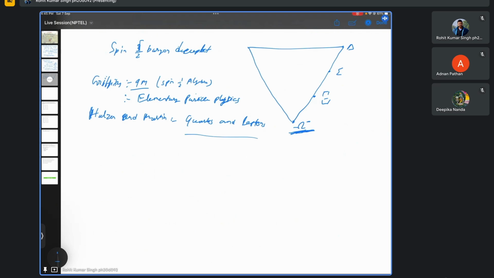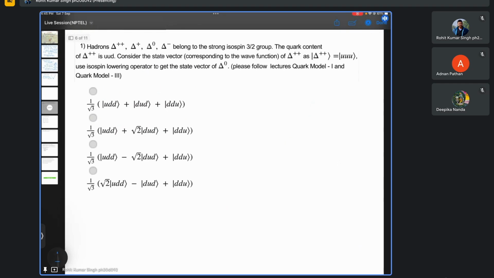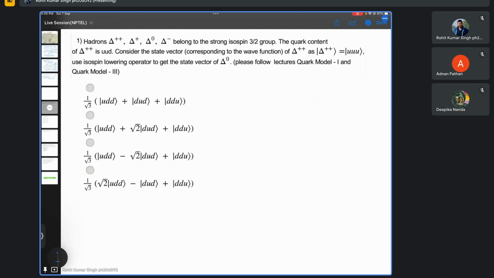Okay, so yeah, now let's go over some basic problems. So the first problem we have is this. We have these delta hadrons.